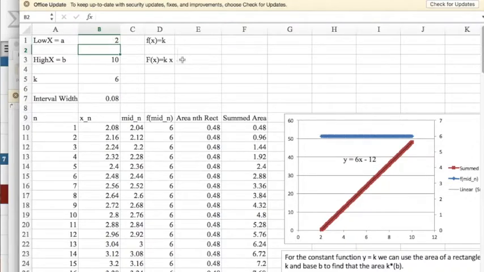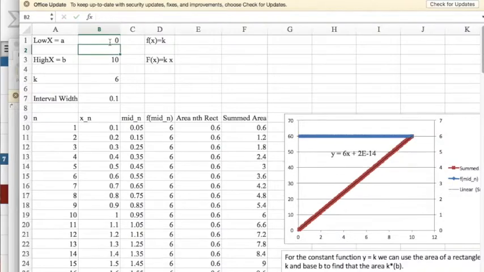But if my function f was a constant k, my area function looks like k times x when I'm starting at 0, realizing that 2e to the minus 14 is 2 times 10 to the minus 14. That's just round-off error coming into my computations.